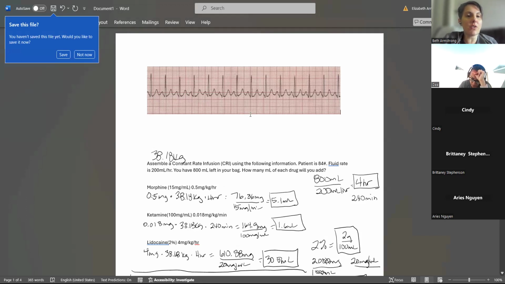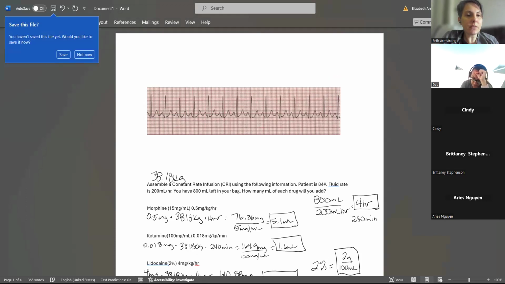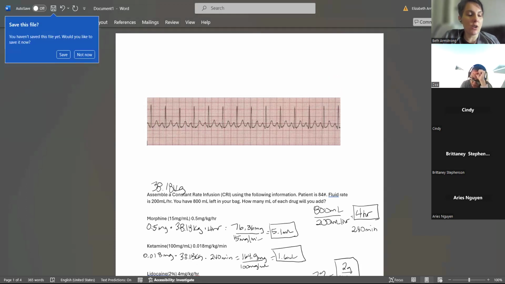All right, so I'll kind of explain a few things. When we're doing ECGs, we have multiple speeds that our ECG is produced at. We need to know the type of speed that our ECG is being produced at.